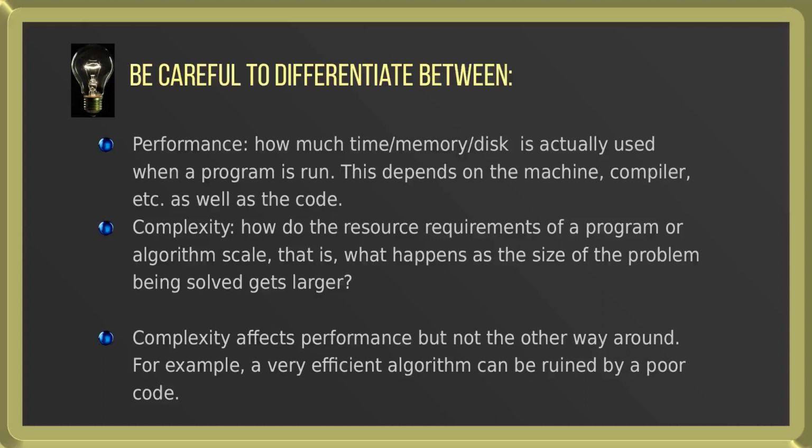And complexity, how do the resource requirements of a program or algorithm scale, that is, what happens as the size of the problem being solved gets larger? Complexity affects performance, but not the other way around. For example, a very efficient algorithm can be ruined by a poor code.